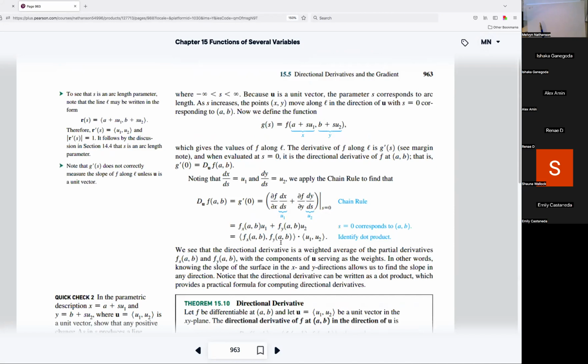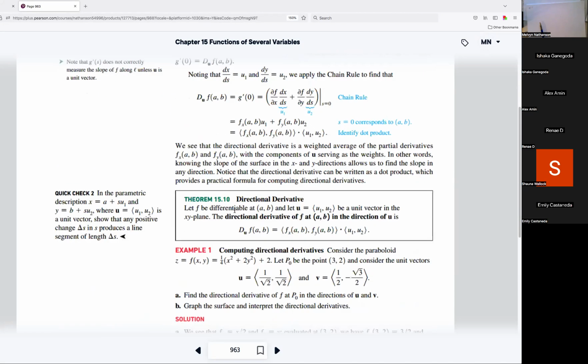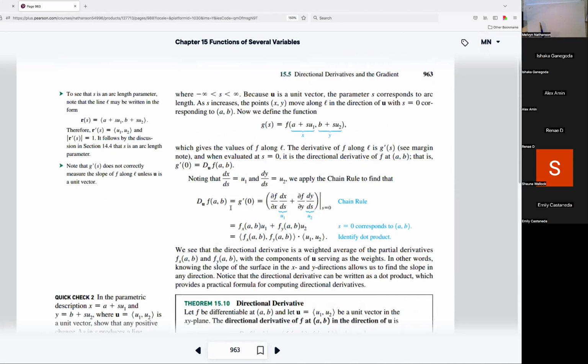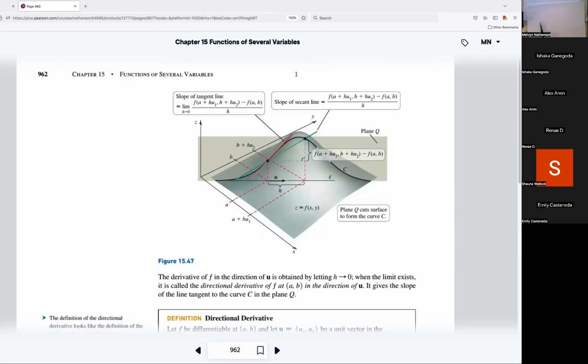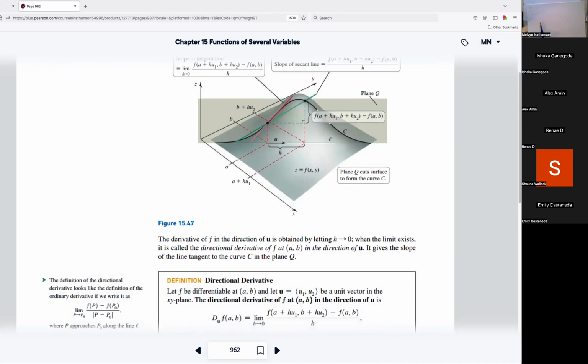So what is a way to figure out the directional derivative? It's really worth looking at this picture a lot. Here we go. So let's say we take the line through the point (a, b) in the direction of u. What is the equation of this line? Well, in the first chapter in this course, we learned how to find the equation of a line through a point in the direction u.